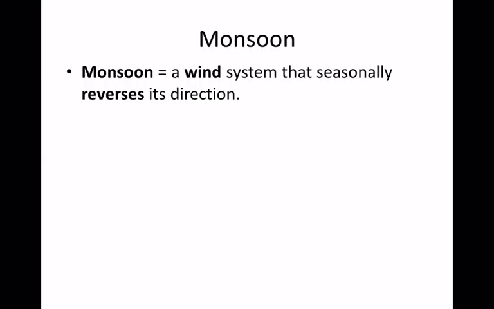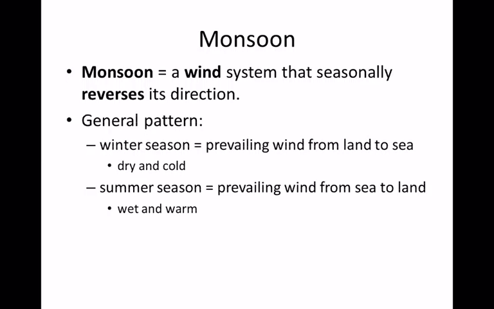If a location exhibits that pair of monsoon seasons, it's a seasonal thing, and I'll show you how that works. Too much rain is bad and no rain is bad. So that's what they have.